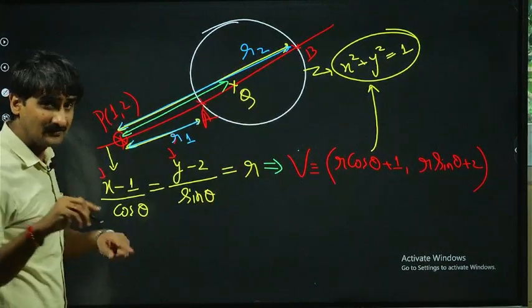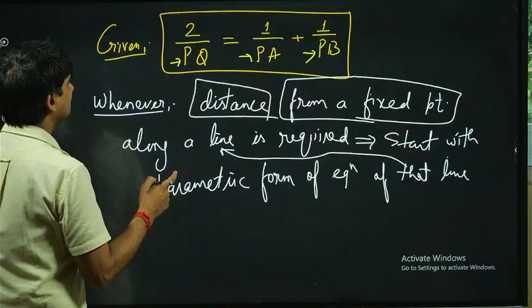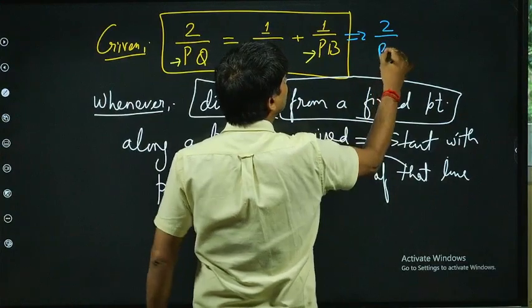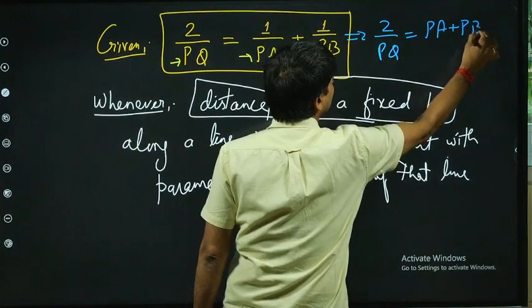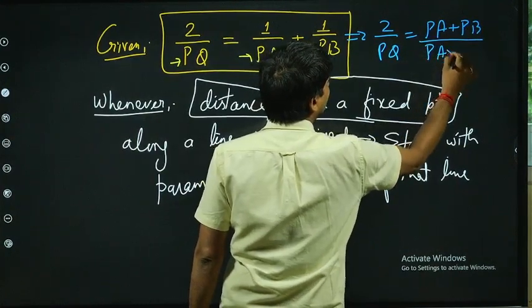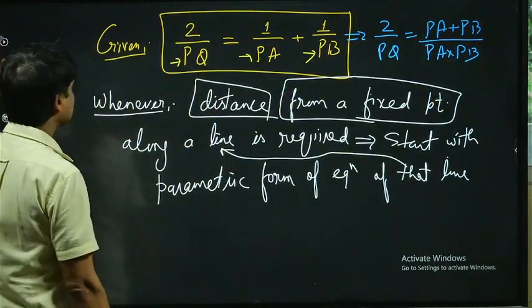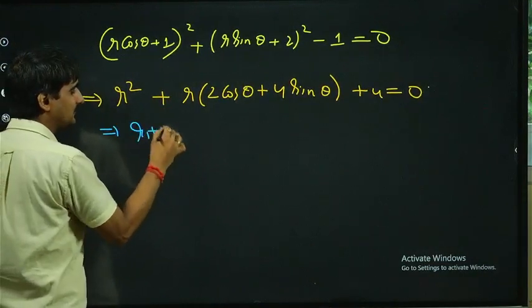So r1 plus r2 is what we need here. If I solve it, 2 over PQ is equal to 1 over PA plus 1 over PB, where PA is r1, PB is r2, and PA into PB is the product of roots r1 into r2. So that's why I will write here the sum of the roots. How much is it?